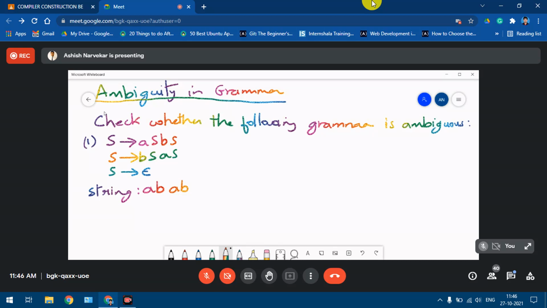So what we can do here is start drawing the parse tree. So now what we want here is the string AB, right? So if you want this particular string, we need to start with some particular production. So if you look at the three productions, just for our reference, we can number them as 1, 2, and 3. Okay.